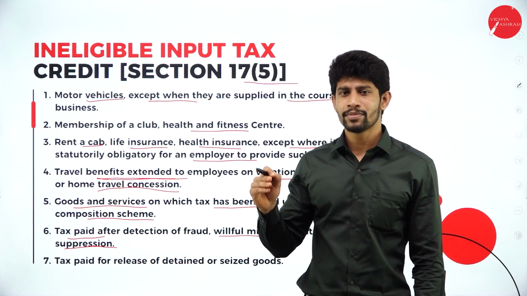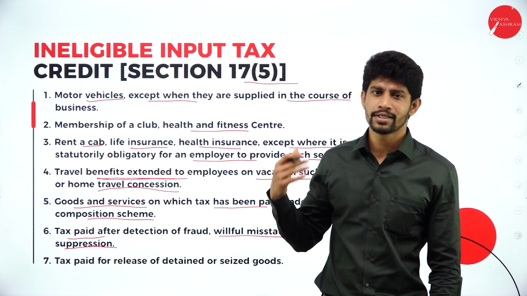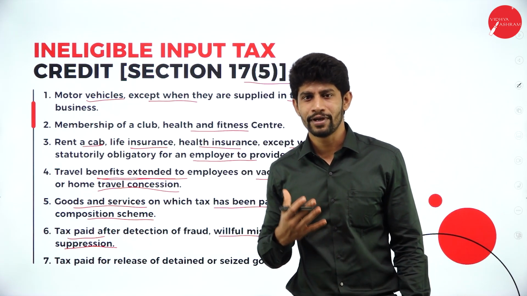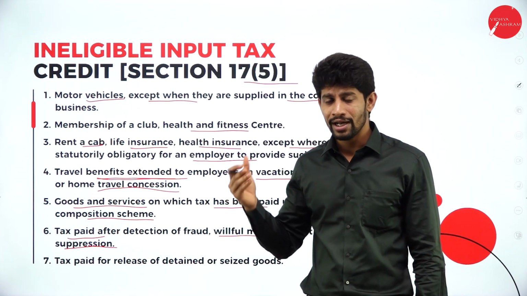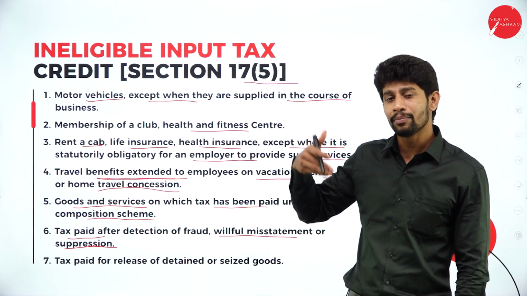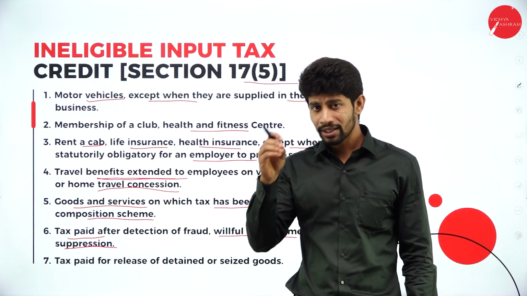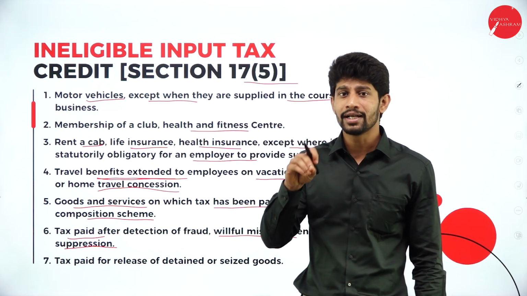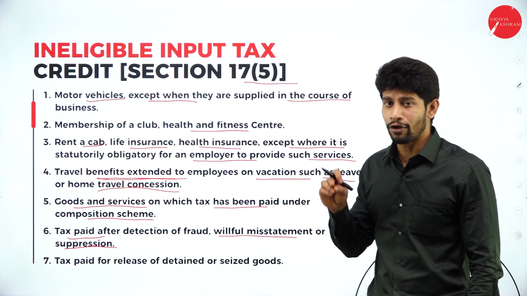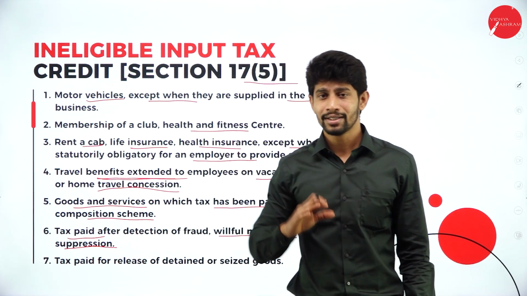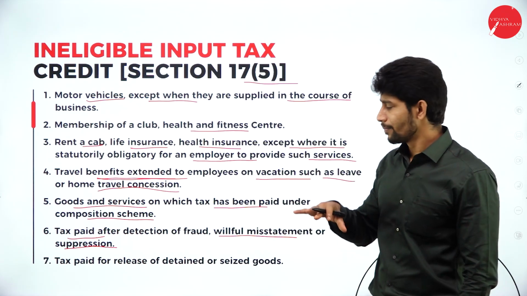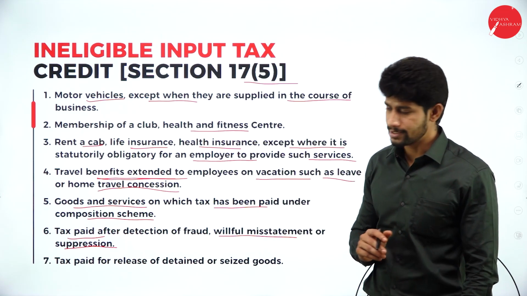But if you provided some illegal or fake documents, and the GST authority got to know and sent you a notice, then they made you pay the tax. Whatever tax you are paying, you can't claim it as ITC, because after the fraud you made, the authority got to know and now they are making you pay the tax. So in that situation, you are not eligible to claim ITC.